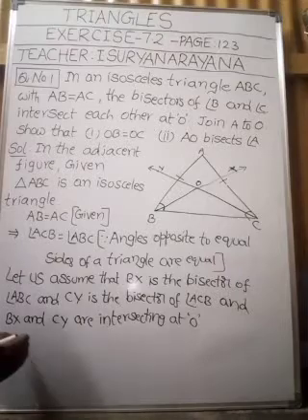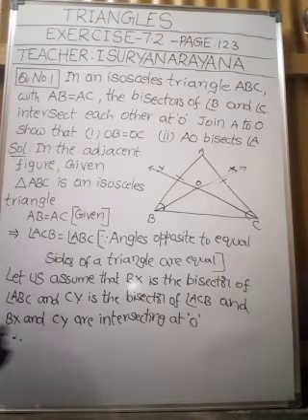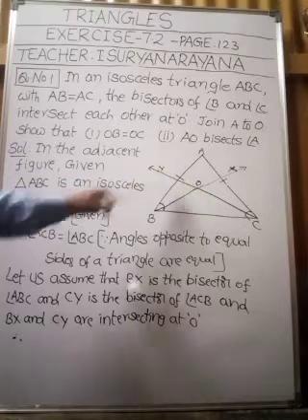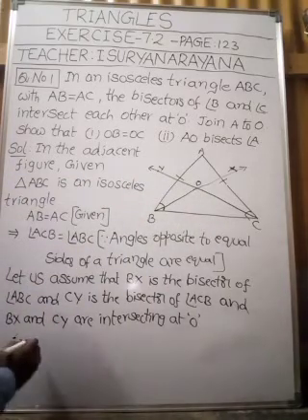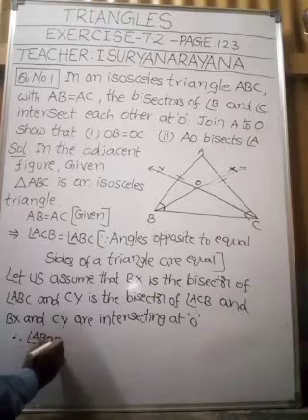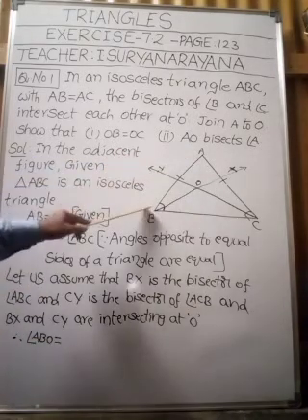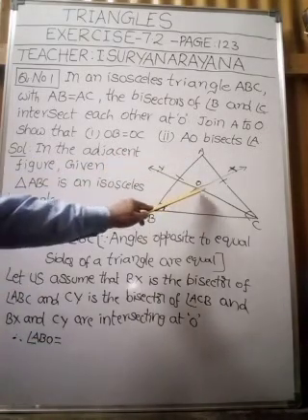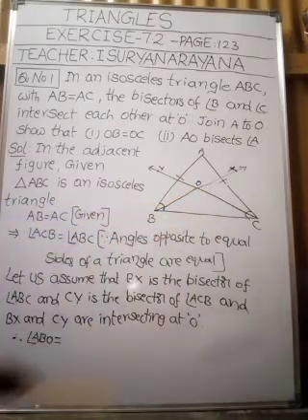Therefore, how can you write angle ABO? Angle ABO is equal to angle OBC.